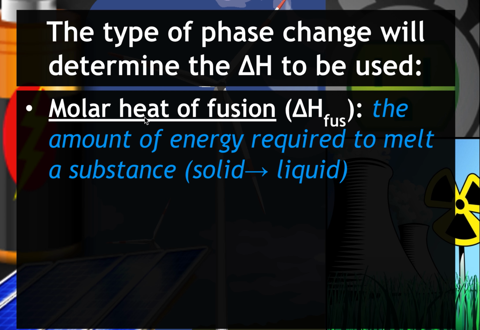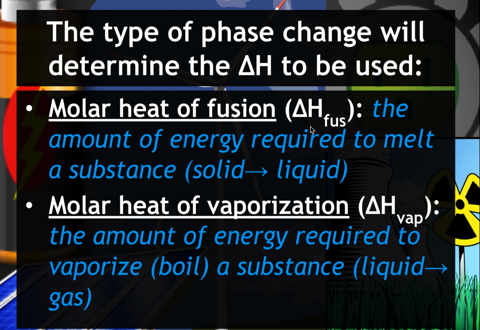So we'll be using something called the molar heat of fusion, or the change of the heat of fusion. This is the amount of energy required to melt a substance, or going from solid to a liquid. You'll always be given this molar heat of fusion. You'll also have molar heat of vaporization. This is symbolized by delta H for vaporization, and you'll always see these little indications down here.